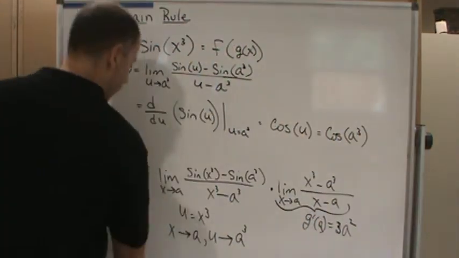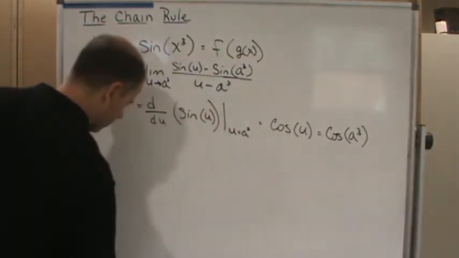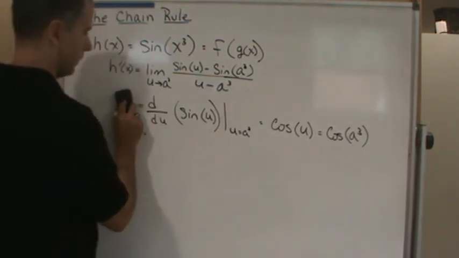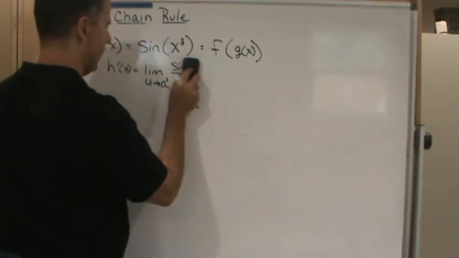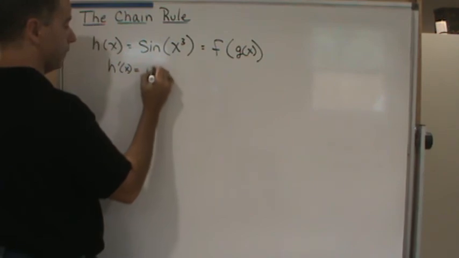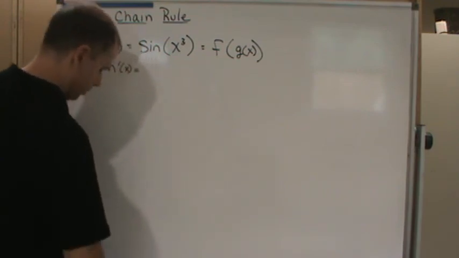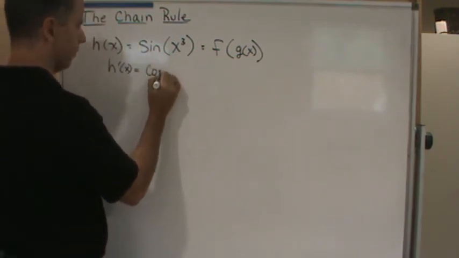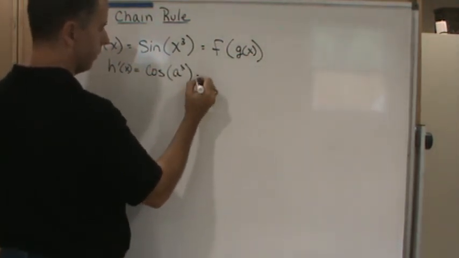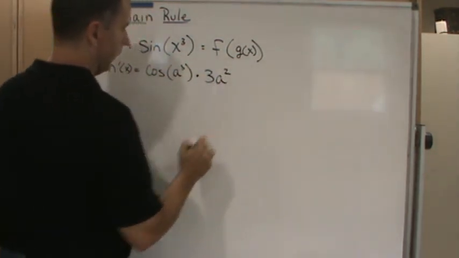And so now we put the product together. What do we end up with at the end? We end up with cosine of a cubed times 3a squared.